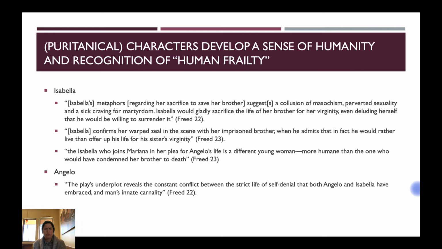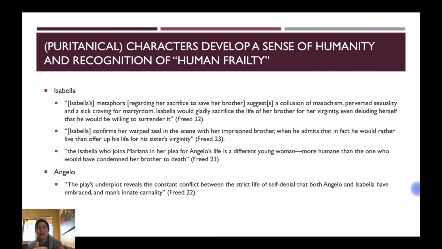Even though she's a nun, right? He obviously knows that this is something that's important to her. She wants to be part of the strictest sect of her religion, but you know what? Whatever. So we kind of see how these characters can be hypocritical and how they're playing off of each other in the play.